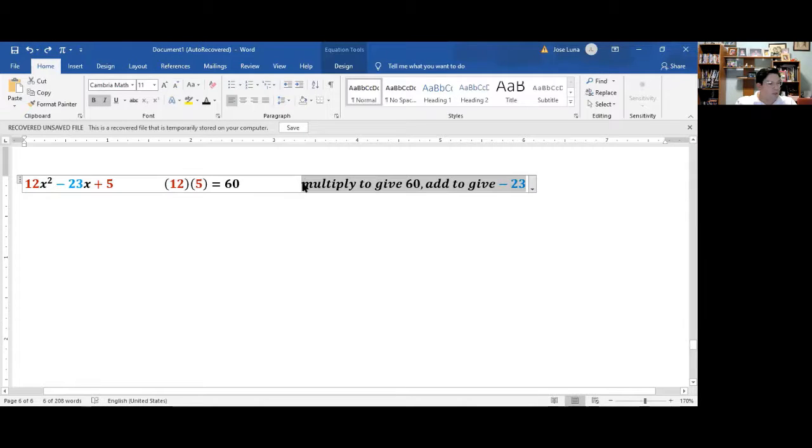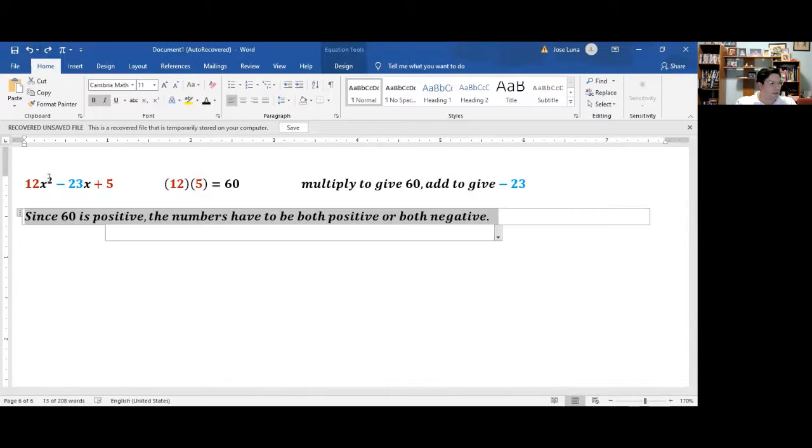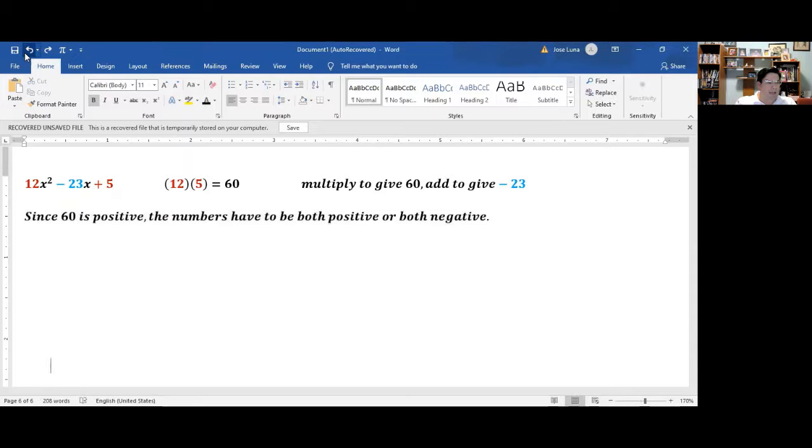So we need two numbers that multiply to give 60 from here and add to give negative 23 from here, the linear term. Okay, so we look for two numbers that multiply to give 60 and add to negative 23. Since 60 is positive, these numbers have to be both positive or both negative.